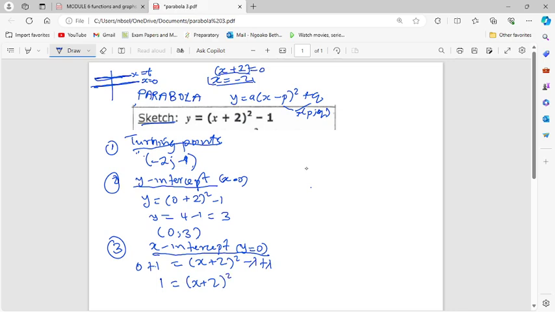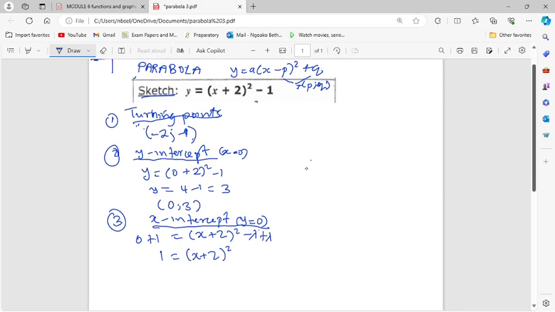Next time I won't show the adding on both sides, but you just say, if we take 1 this side, minus 1, then when it goes to the other side, it will be plus 1. So that's what we do. Just learn that so that next time, if I do it, you don't get confused.